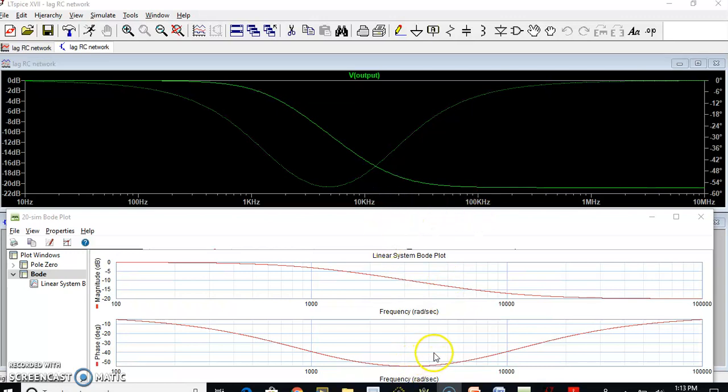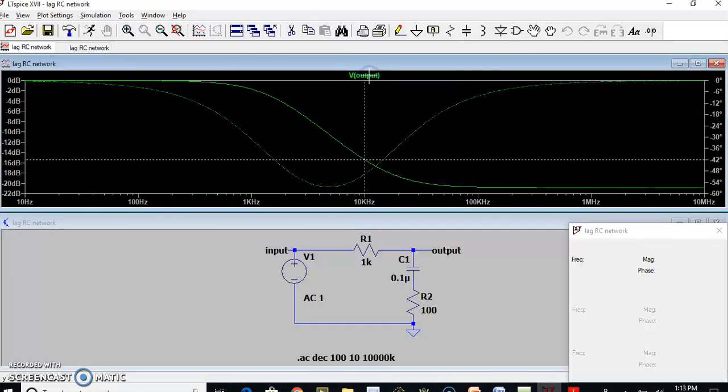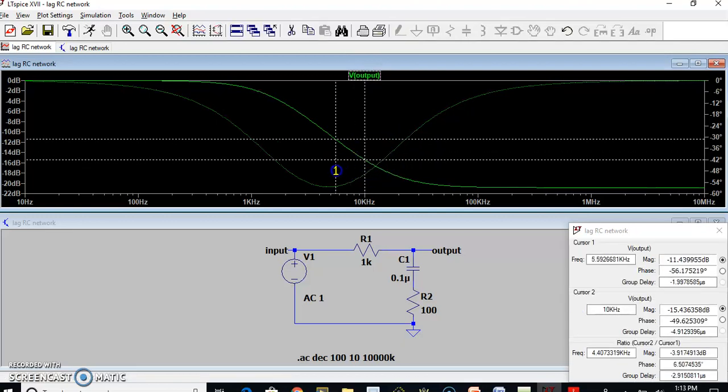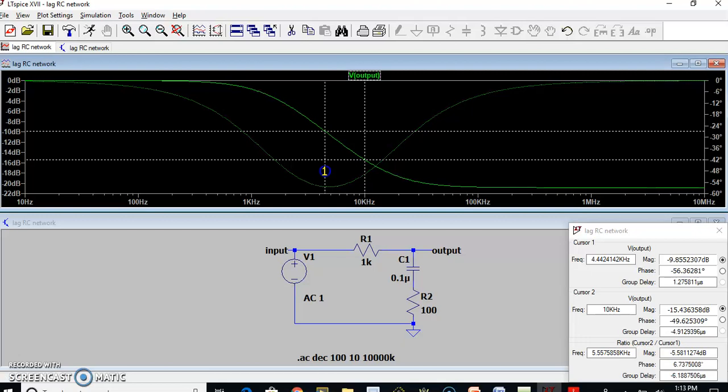So here we saw in the previous case the phase is minus 54 degrees at 3.16 kilo radian per second. So here it is close to minus 54 degrees at a frequency of 5.01 kilohertz. So we'll just see the same thing over here. Let me move that so that I can find out what the frequency is.